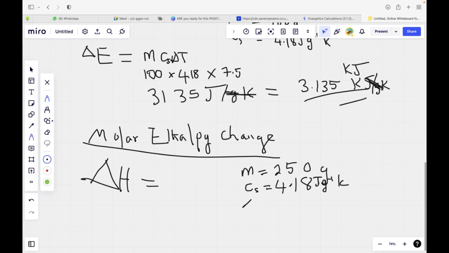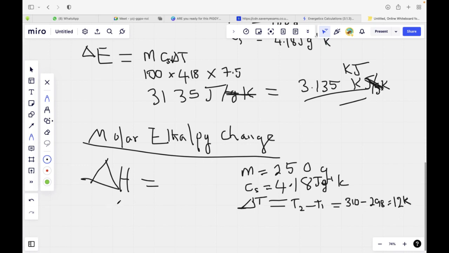Then the change in temperature, delta T, is T2 minus T1, which is equal to 310 minus 298. So this will be equal to 12 Kelvin.